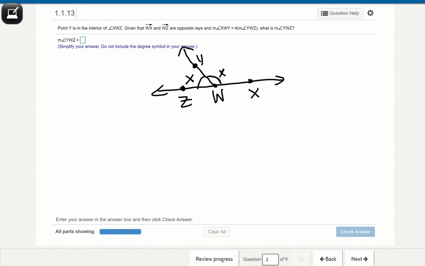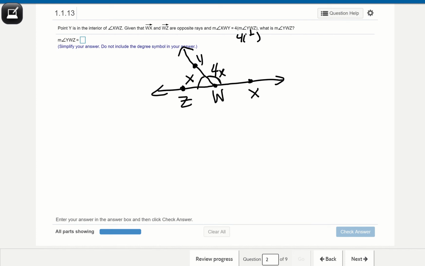If YWZ were like 5 degrees, for example, then XWY would have to be 4 times 5. So whatever the angle is, you multiply by 4. If the angle were 10, then 4 times 10 would be 40. So if the left side is x, then the right side has to be 4x. And that's what I'm going to use.